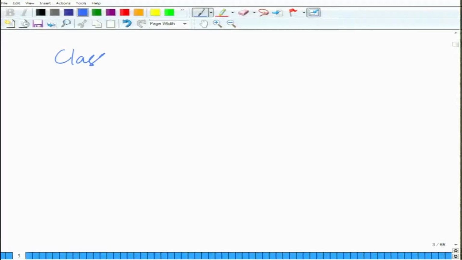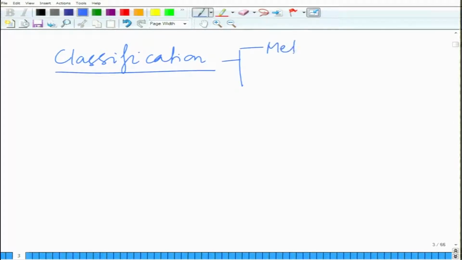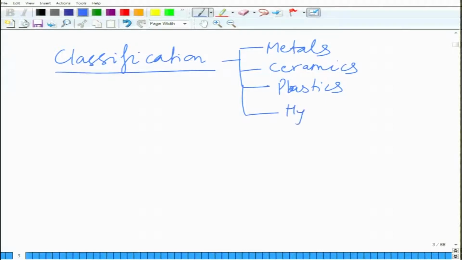So, classification of materials was basically in four categories: metals and their alloys, ceramics, polymers, or let us say plastics, polymers and elastomers, and then we had hybrids. Okay. Now, these are basically on the basis of type of materials, in the sense that metals are strong and ductile, and they have high electrical and thermal conductivity, but they do not have good corrosion resistance.